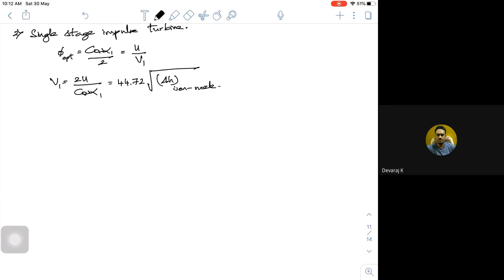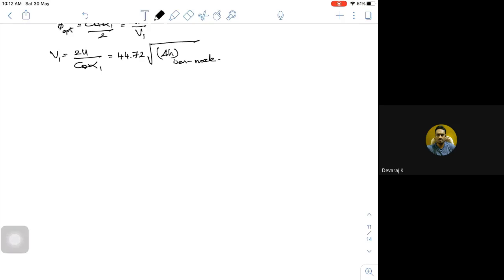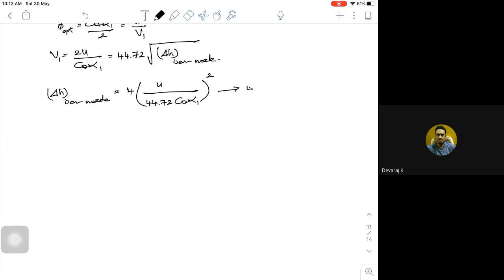Now, for the value of delta H isentropic nozzle, I have to take a square: 2 square is 4, into U divided by 44.72 cos alpha 1, whole square. I'm calling that equation number 4. This is for the second case.